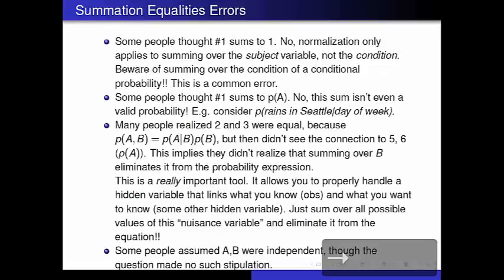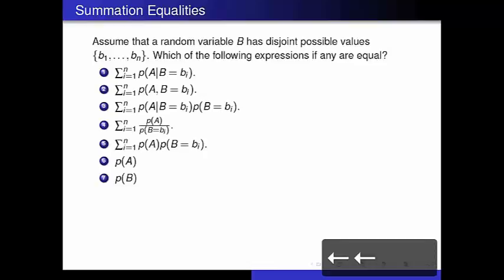These are the things that went wrong here in people's understanding of probability summation. Option number one looks so innocent, but this is the treacherous summation over a condition variable that catches people all the time.